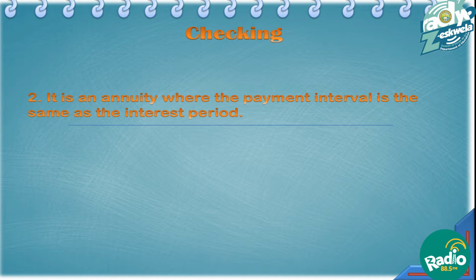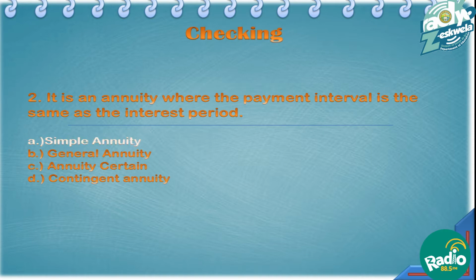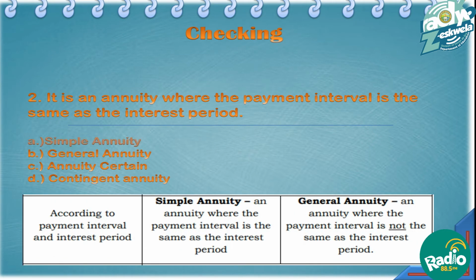Number 2. It is an annuity where the payment interval is the same as the interest period. The correct answer is simple annuity. Annuity is classified according to the following. First is according to the payment interval and interest period. When we say simple annuity, it is an annuity where the payment interval is the same as the interest period.